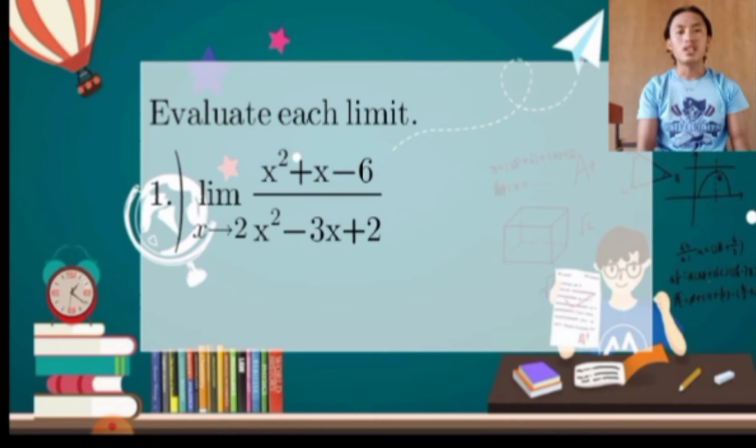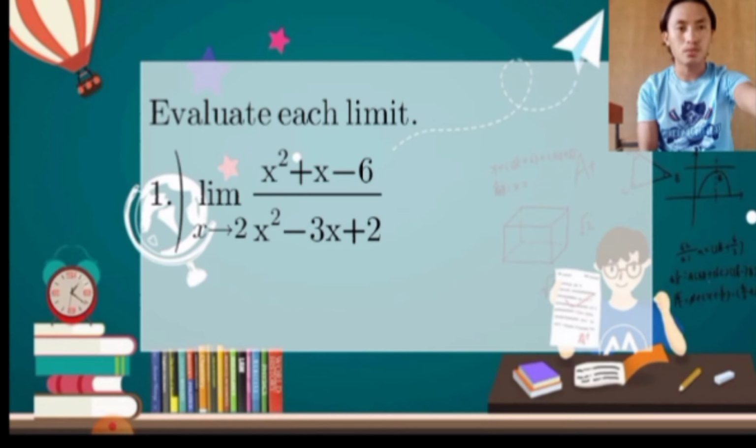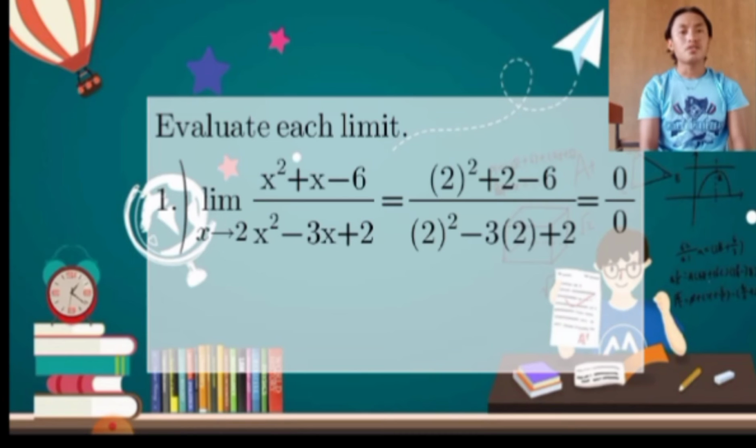So, for example, evaluate the limit as x approaches 2 of (x squared plus x minus 6) over (x squared minus 3x plus 2). First, we need to identify what type of indeterminate form this example is.